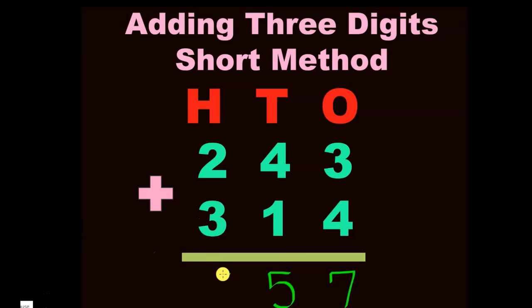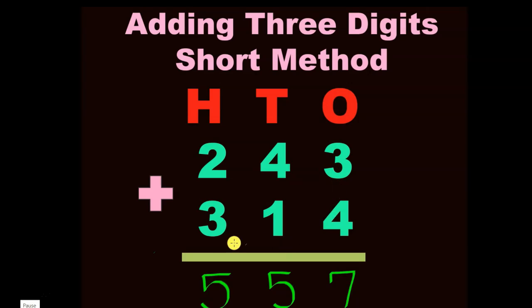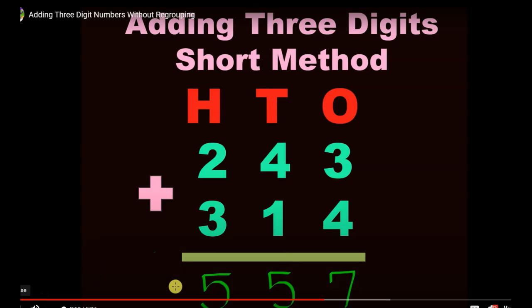Of course, very easy, 5. After you have added from right to left, you should now have your answer, which is now the whole number. Let's read our answer. 557.